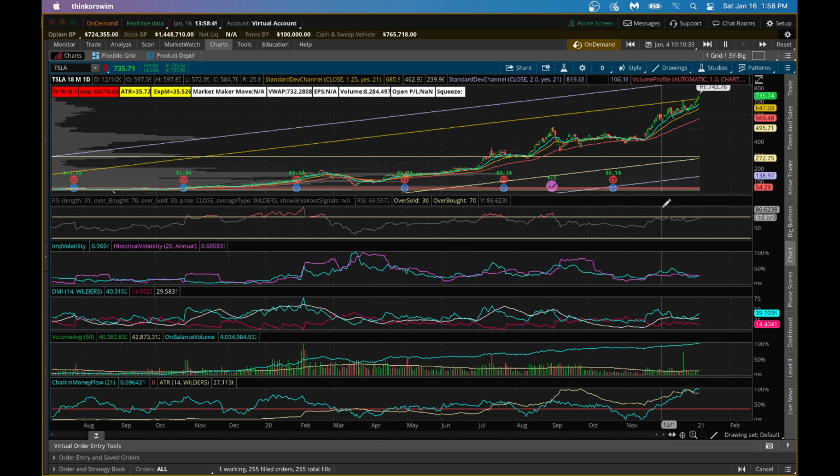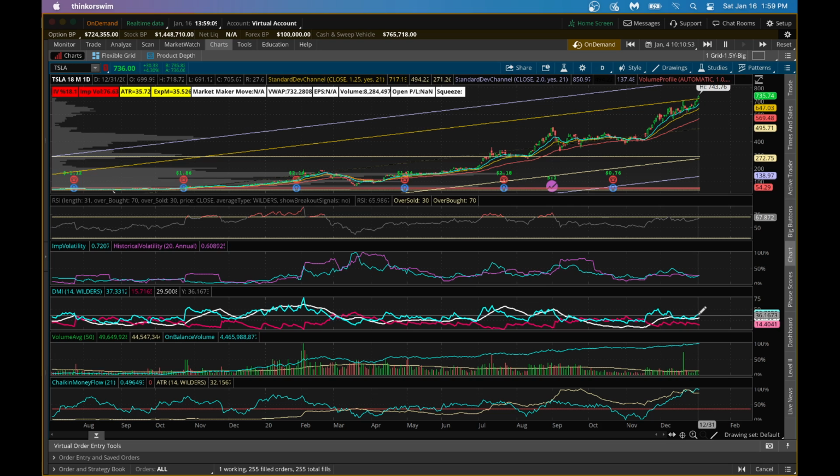RSI, relative strength index, is telling us it's hitting the ceiling or the max line here, which means it's becoming stronger, and IV, implied volatility, is trying to go up a little bit as we speak. On DMI, clearly DI plus is above DI minus.